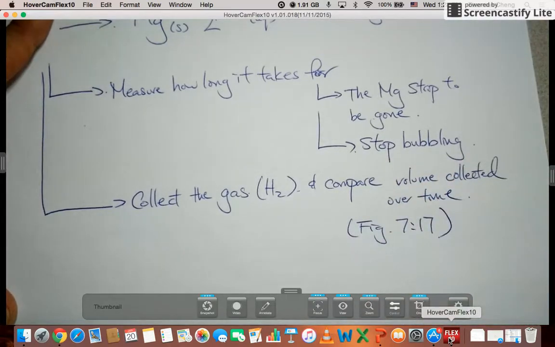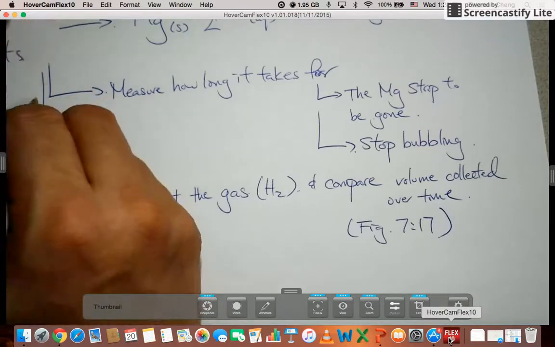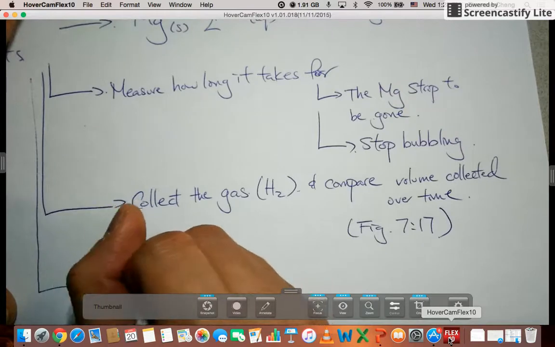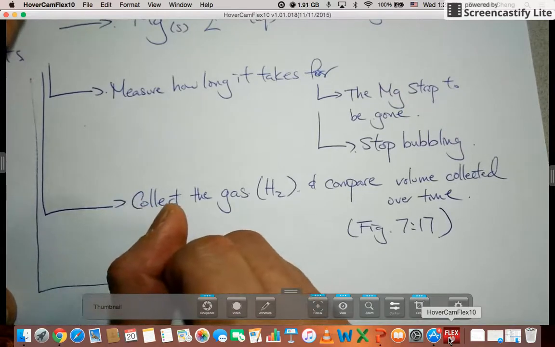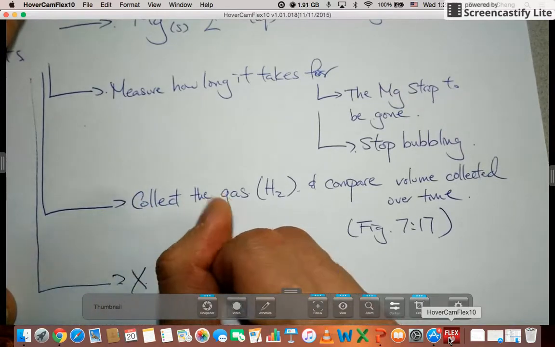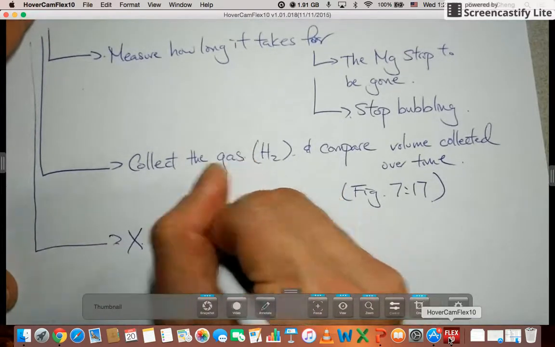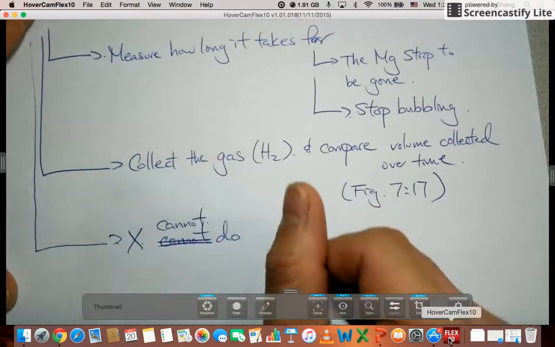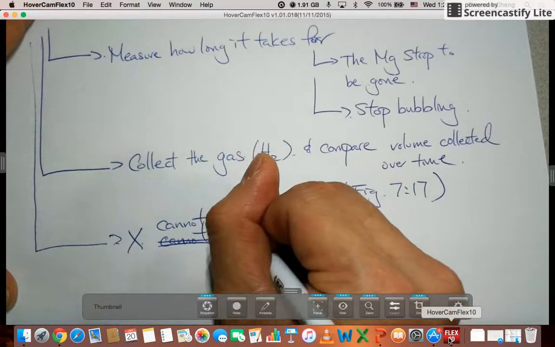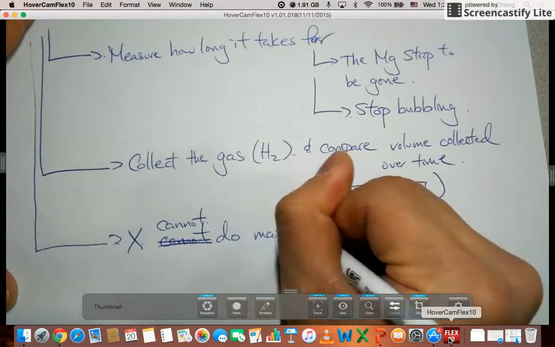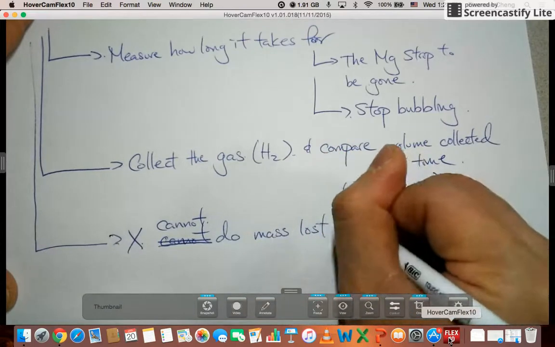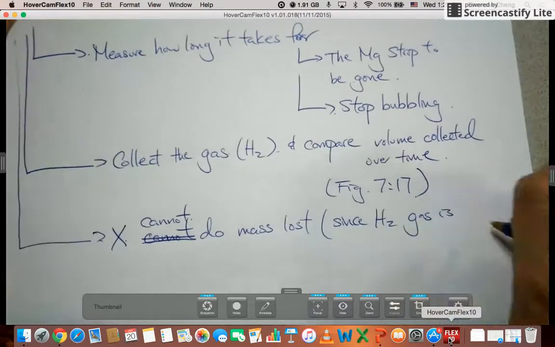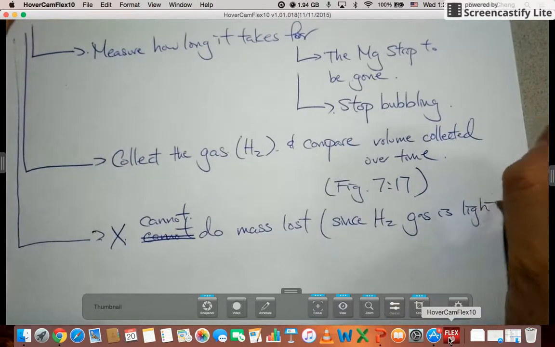Now, because the gas is so light, you cannot do mass loss since H2 gas is light, too light.